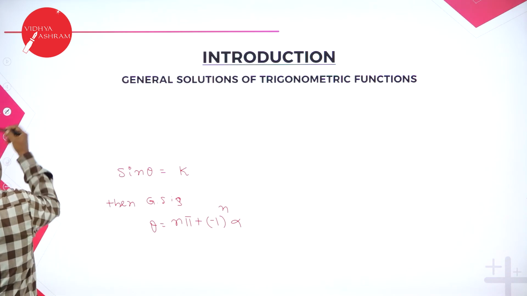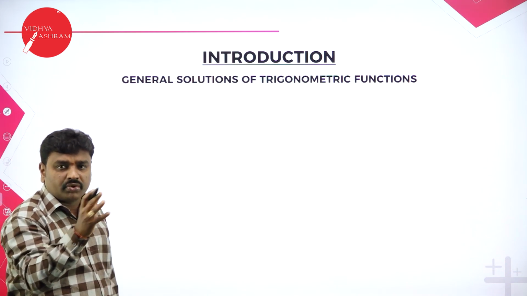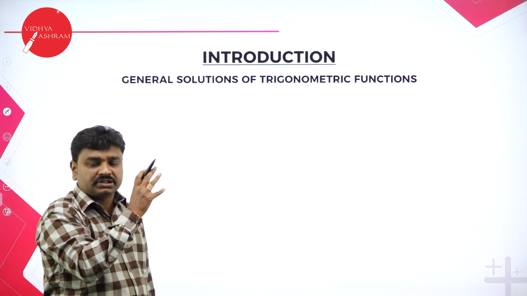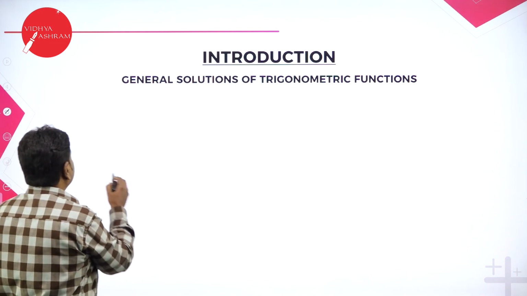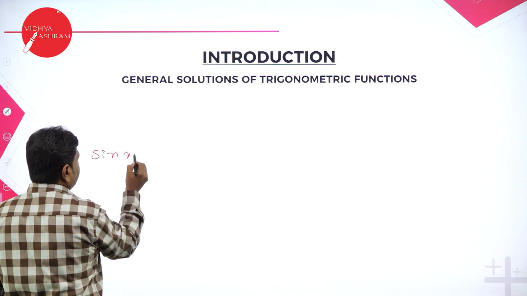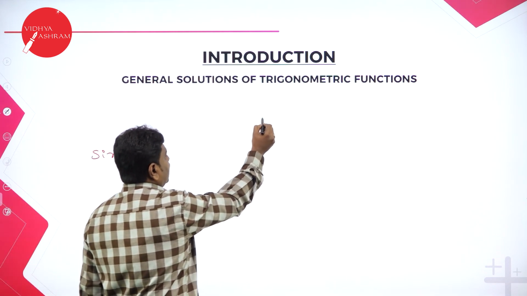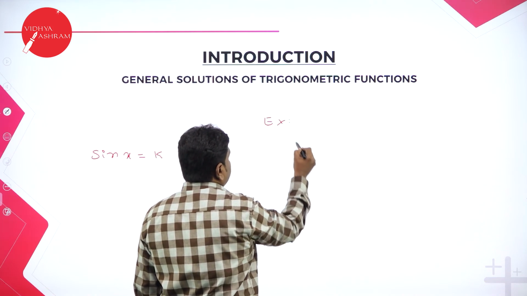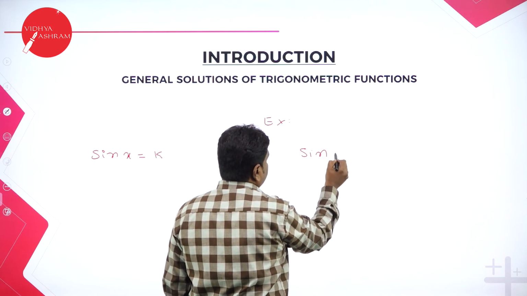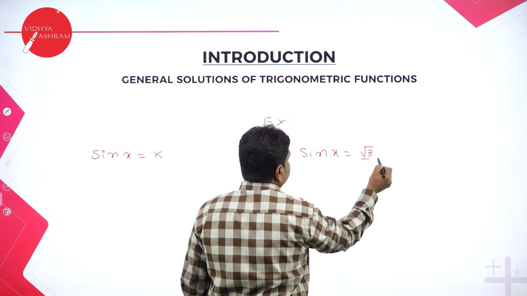So now, case 1 I told. All of you pay attention, take a notebook and make a note of these three important general solutions, then you can solve the problems. The first one is sin x is equal to k. For example, I'll take parallelly one example. Sin x is equal to, say, root 3 by 2.